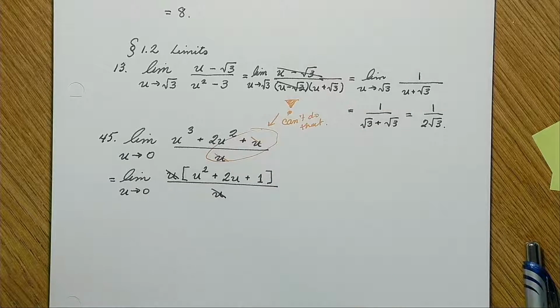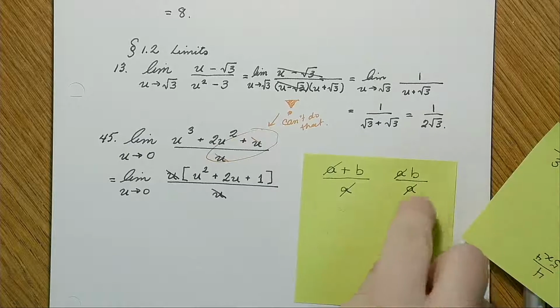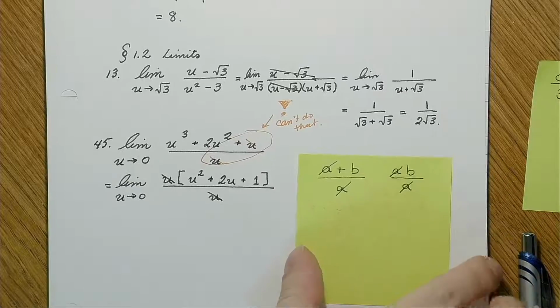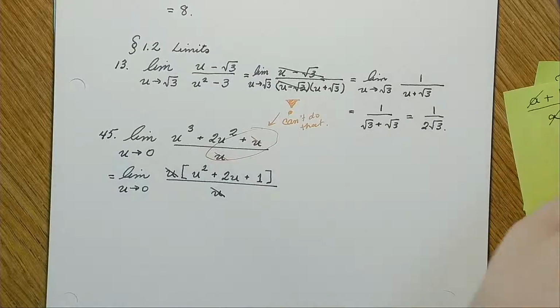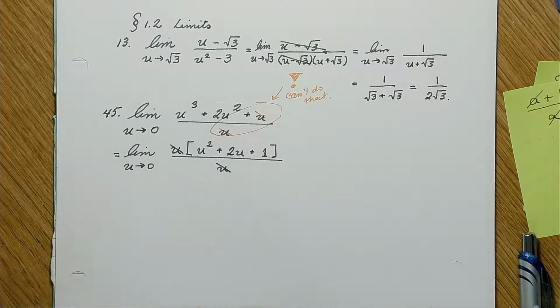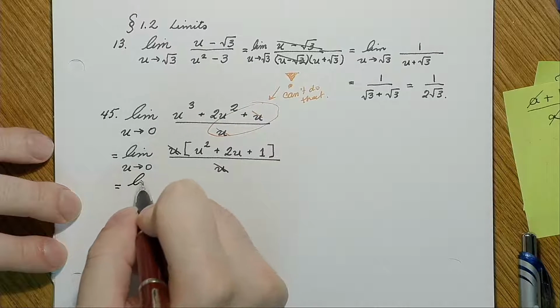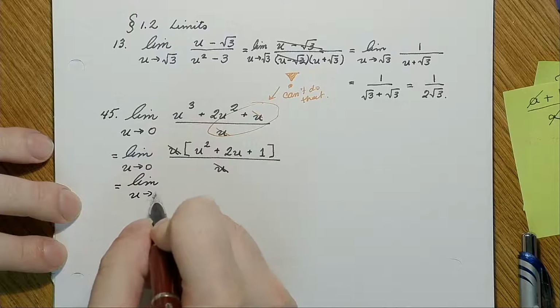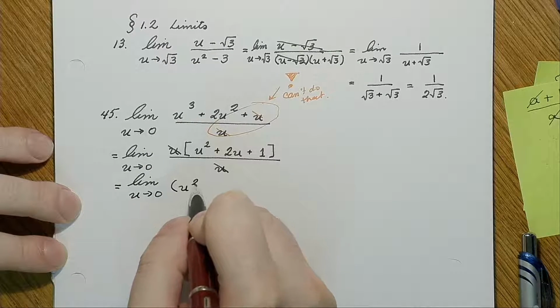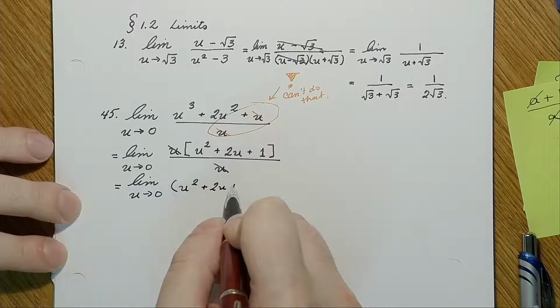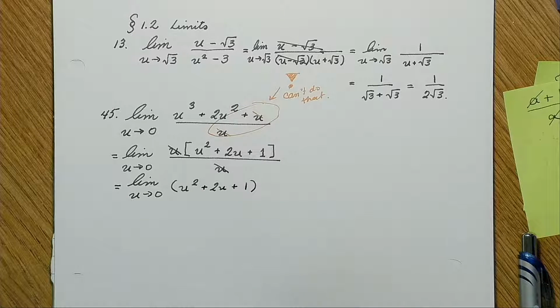So you can't do that. I can only cancel out if it's a multiplication, not if there's an addition. So I saw lots of that. Okay, what next? So we've done that, and now there's no issues. I can actually substitute it in here.